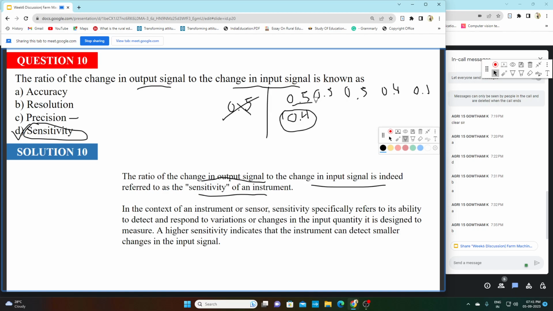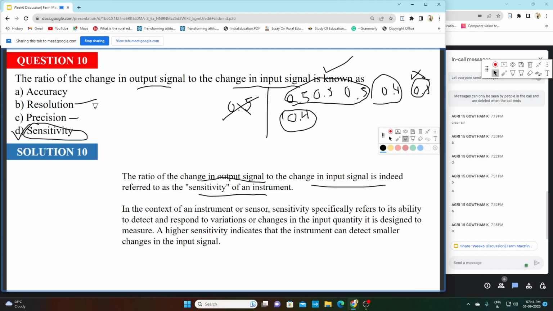So these 0.5, 0.5 and 0.5 are precise measurements, because they are very close to each other. 0.4 is somewhat precise, but 0.1 is not precise at all. That is known as precision. Now what is resolution?